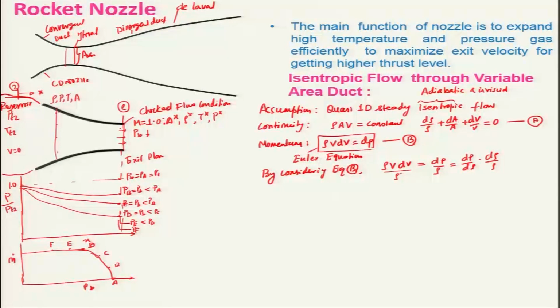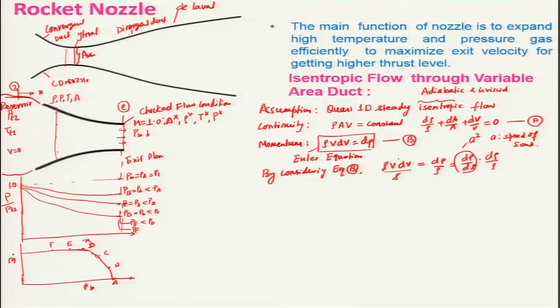Keep in mind that if you recognize, dP by d rho for isentropic flow is nothing but your a square, where a is the speed of sound.